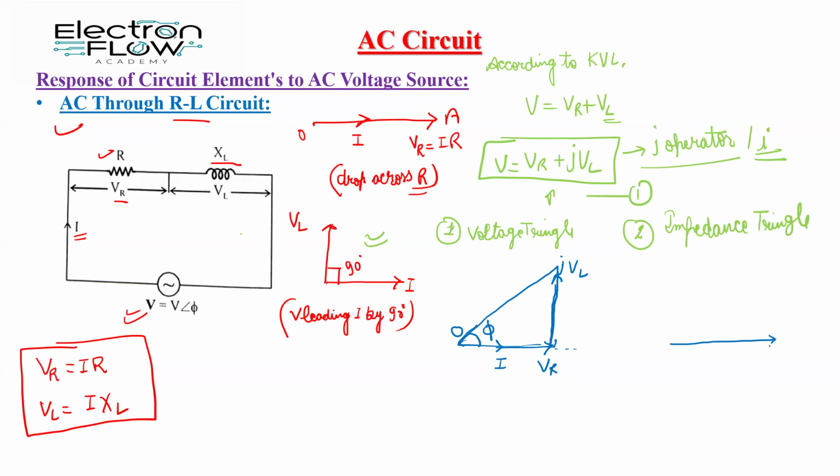This is our x-axis, resistance R, and this is our j XL. The resultant is the total impedance Z, at an angle of phi. So this is the impedance triangle.